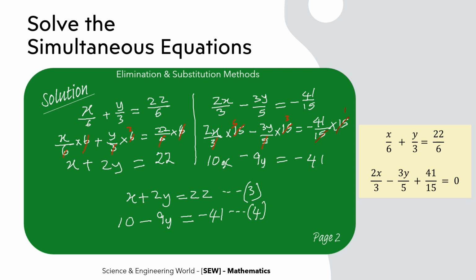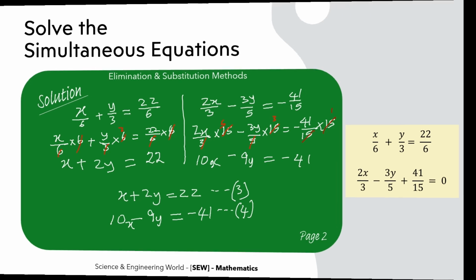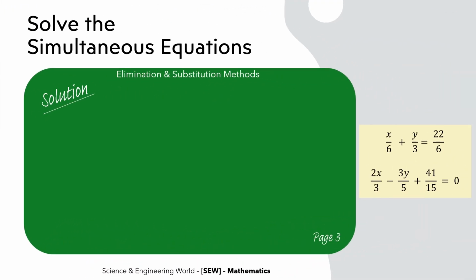So we now have these two expressions, equation 3 and 4, and then we want to solve for, oh dear, this is 10x, not 10, 10x minus 9y. So the two equations are x plus 2y equals 22.